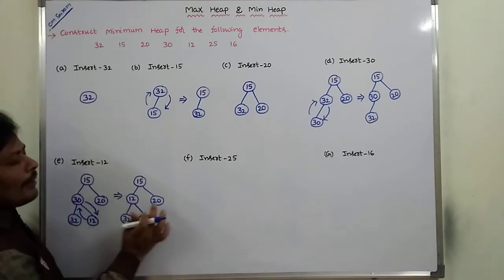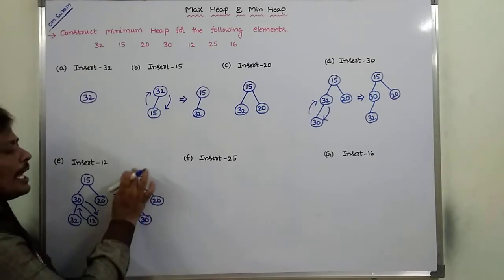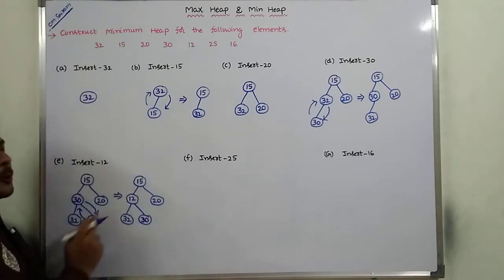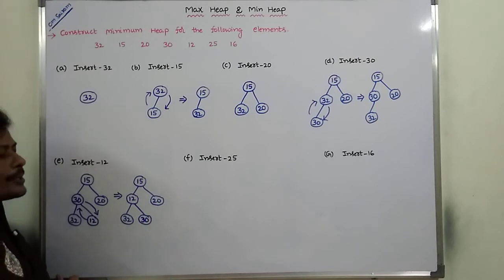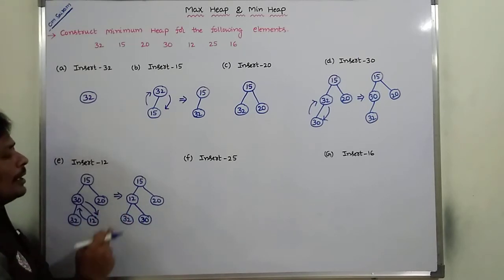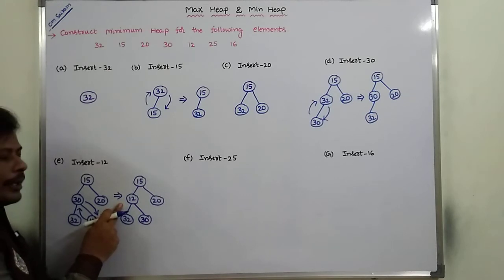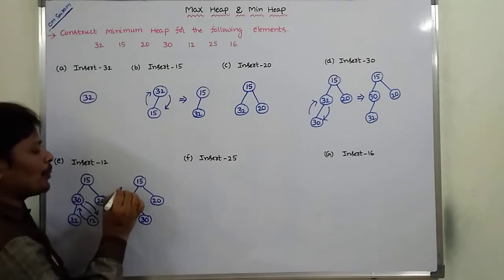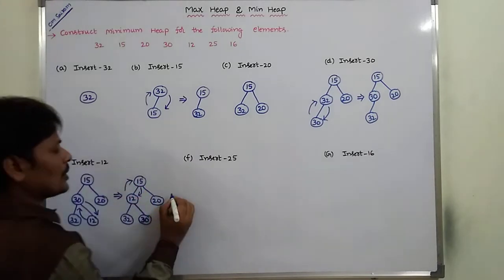Now, 12 and 20 have the parent 15. The parent of 12 and 20 is 15, and the parent node value is always less than its children's node values. So now, is 15 less than 12? False. Now it does not satisfy the minimum heap property, so we have to swap these two nodes.